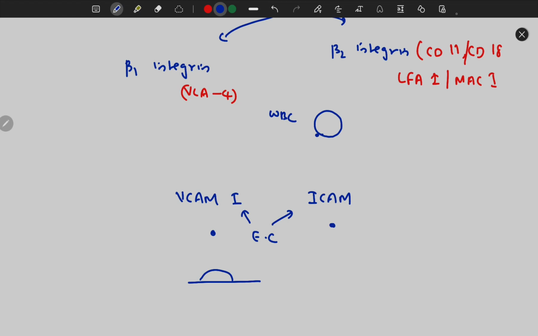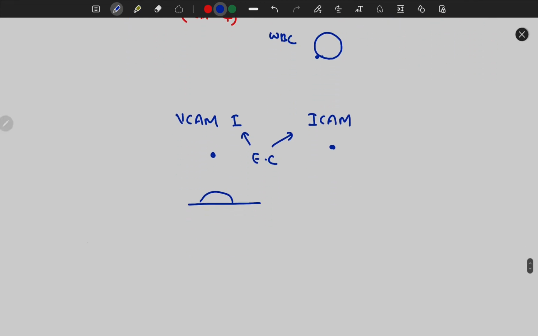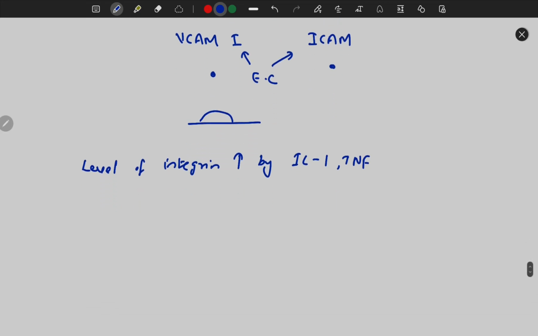So for adhesion to take place, it is mediated by integrins which are present in leukocytes, and the complementary must be present, that is VCAM1 and ICAM1 on the endothelium. The level of integrin is increased by interleukin 1 and tumor necrosis factor.